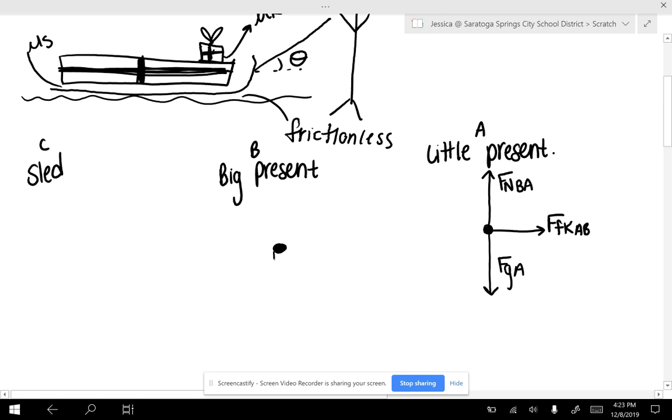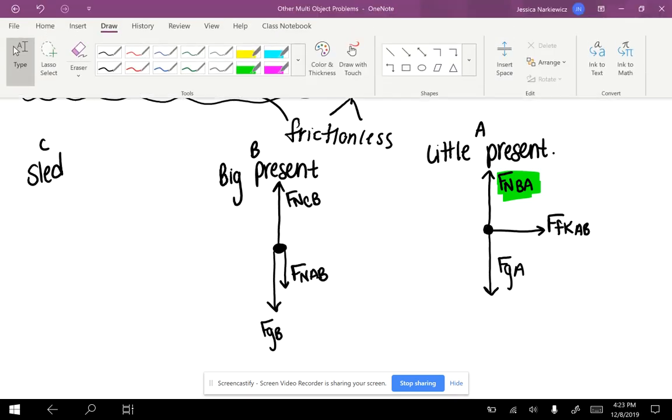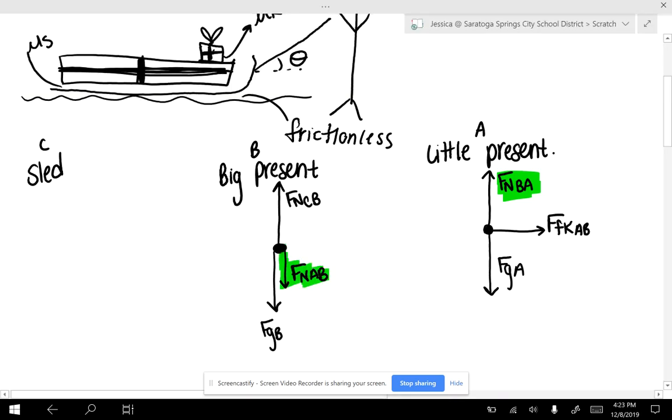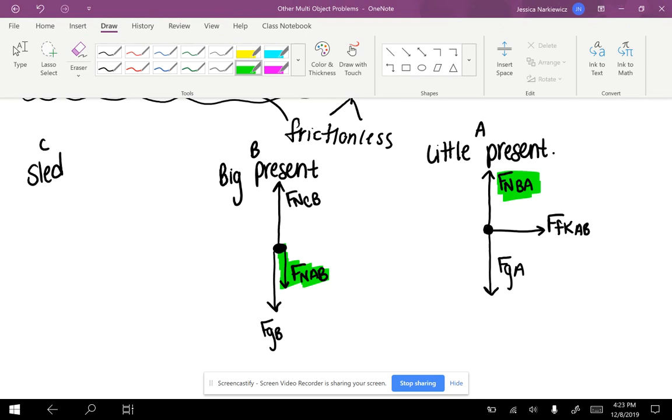Our fairly obvious forces are force of gravity and a normal force from the sled on the big present, so C on B. Some less than obvious forces: if there was an upward normal force from B on A, then there is also a downward normal force from A on B. Those two forces are a force pair and are therefore equal and opposite. So that's it for vertical forces.